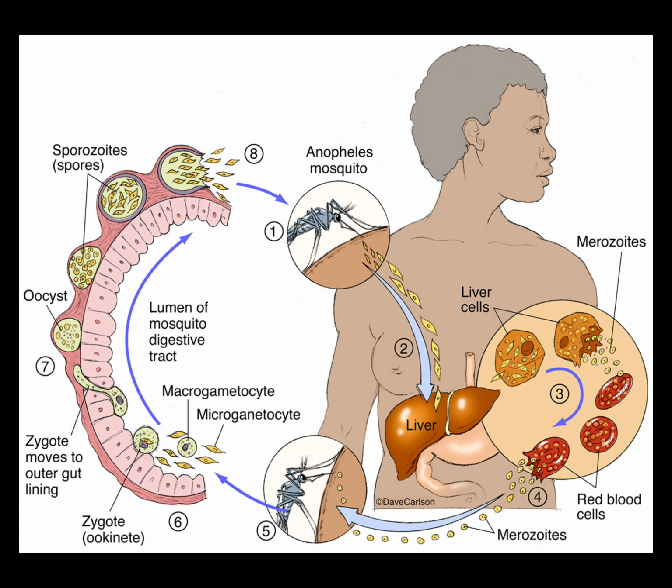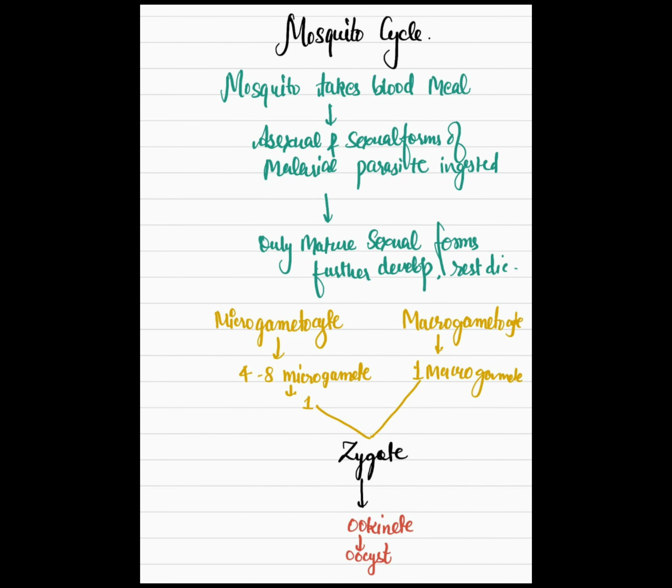These merozoites are taken up by the blood meal of the mosquito, and then further development, which is sexual development: macro and micro gametocytes will form macro and micro gametes, and then on fertilization they will form zygote, ookinete, and then oocyst. Usually asexual and sexual forms are both taken up by the mosquito, but only mature sexual forms will further develop.